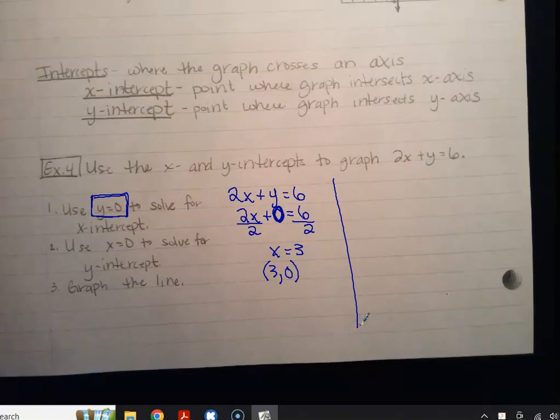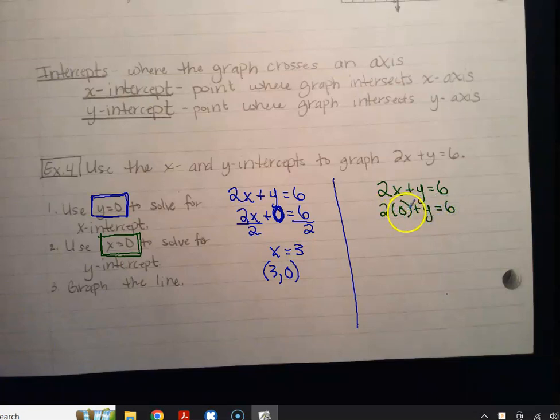Now I'm going to use x equals 0 to solve for my y-intercept. So take the same equation, 2x plus y equals 6. This time I'm plugging in x equals 0. So I'm going to have 2 times 0 plus y equals 6.